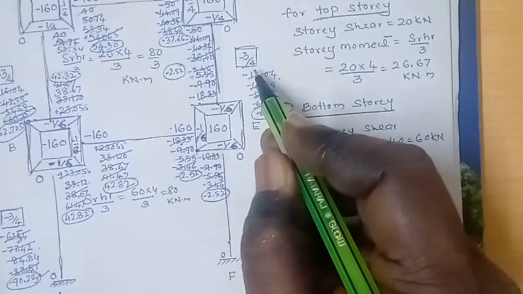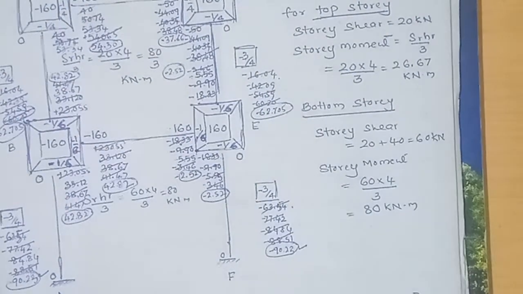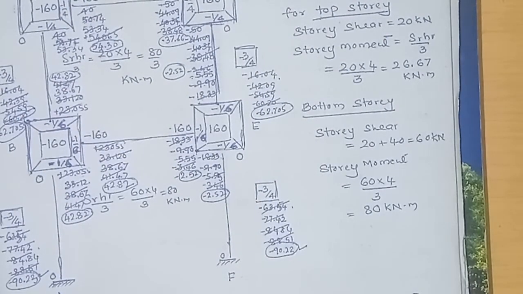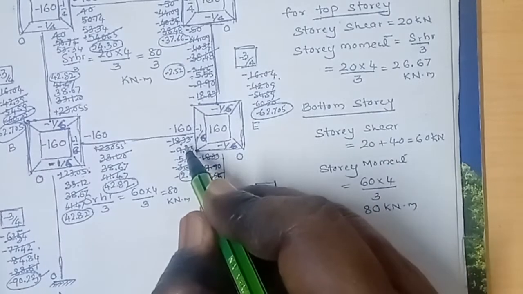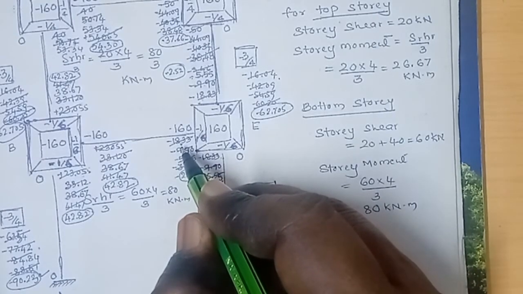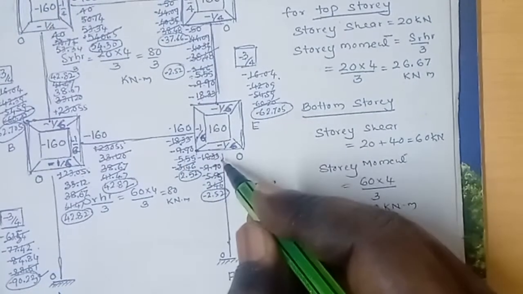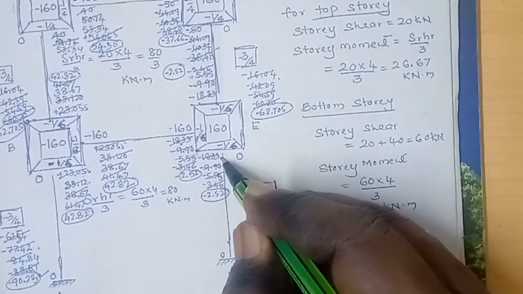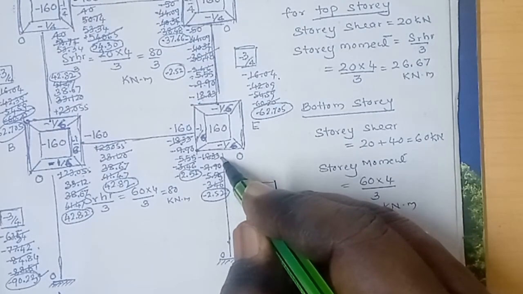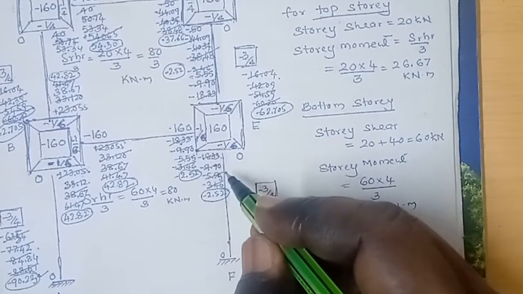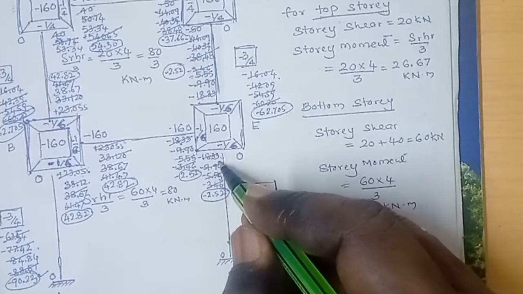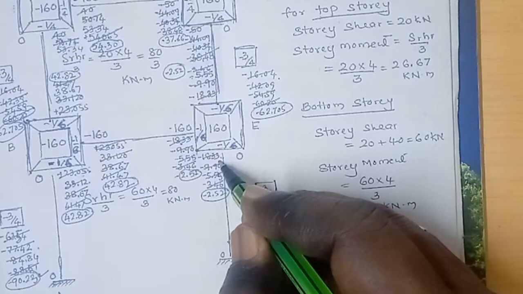Here the displacement contribution is 0, that also we have to consider. Then for M dash EB, the same thing, that is minus 18.33, that is minus 1 by 6 inside of the bracket, minus 50 plus 160, that is minus 18.33. Similarly for other vertical member, that is minus 1 by 6 inside of the bracket, minus 50 plus 160, here you will get 18.33, that is negative. Then we have to write here M dash EF, that is 18.33.